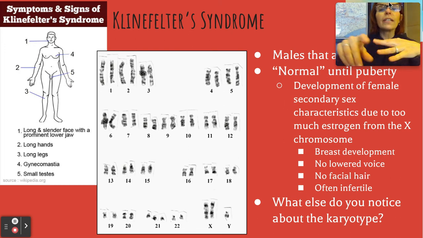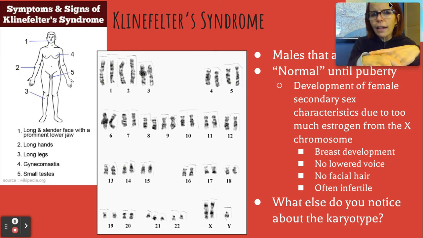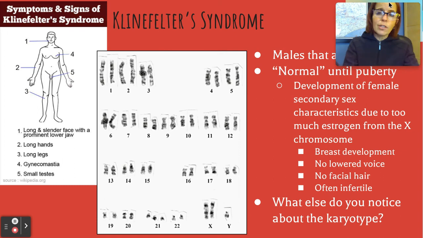They don't have a uterus. They don't have ovaries. They can't have a baby. Nothing like that. However, the extra estrogen produces breast development, causes them to have less facial hair, their voices tend to not deepen, and they might have less musculature than their male peers who are going through puberty.